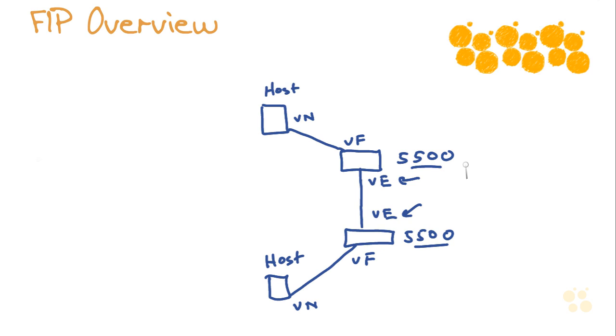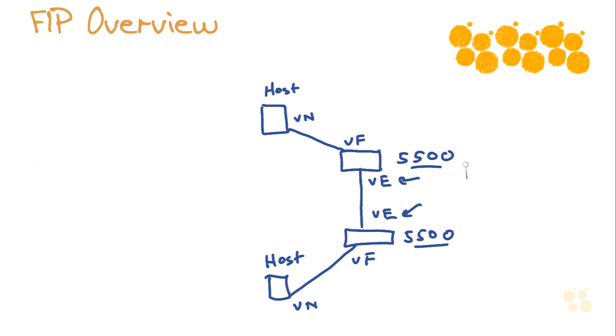For each Fibre Channel Forwarder connected Ethernet interface, you need to create and bind a virtual Fibre Channel interface to the Ethernet interface. Remember, there are some guidelines here. Auto mode on the virtual Fibre Channel interface is not supported. VE port trunking is supported over the Fibre Channel over Ethernet enabled VLANs.